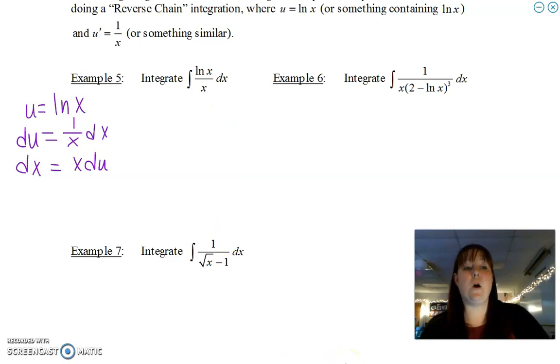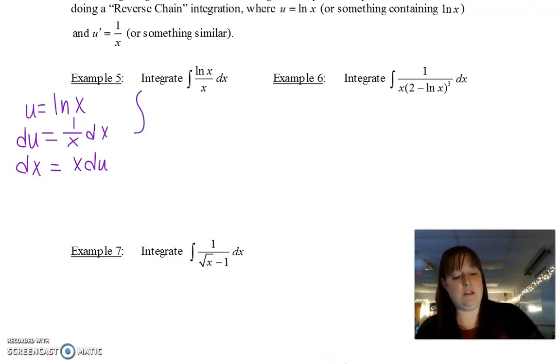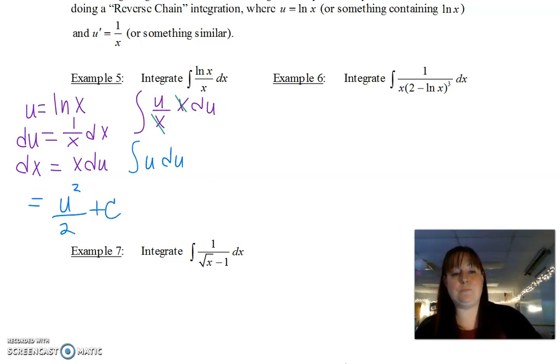Okay, so we're going to replace, this is going to be the integral of u over x times x du. Okay, and the x's cancel out, and so I just end up with the integral of u du. And we know how to integrate that, so that equals u squared over 2 plus c.